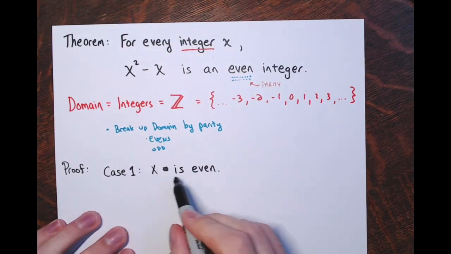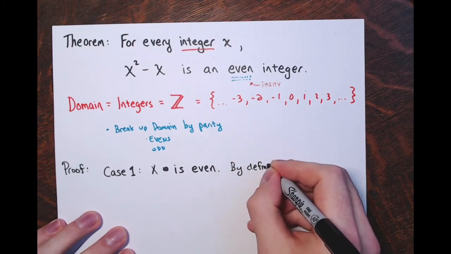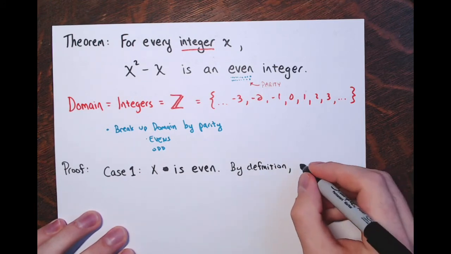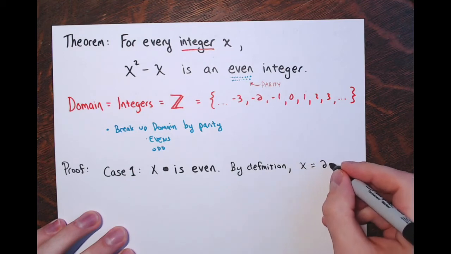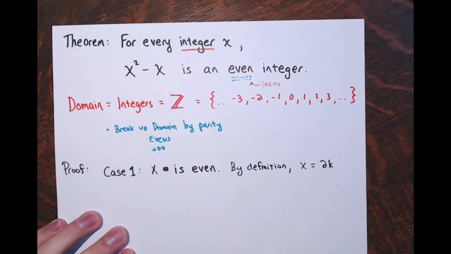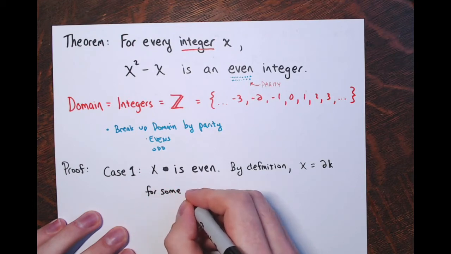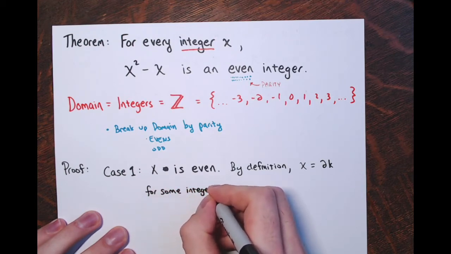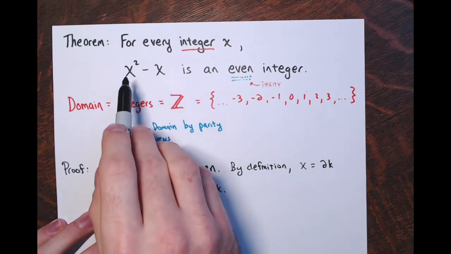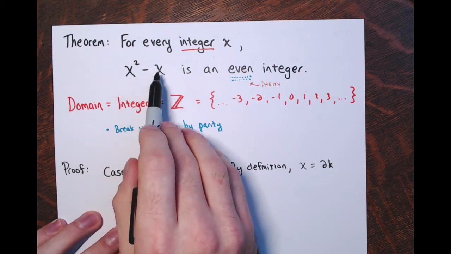So x is even. By definition, when I assume x is even, what does it mean to be even? x equals 2 times some k, and when I introduce a new letter, I have to tell you what it is, tell the reader what's going on. For some integer k, plugging x equals 2k into this expression, I eventually want to show that this expression here will represent an even number.